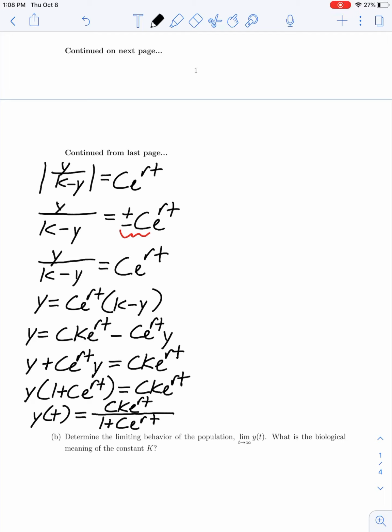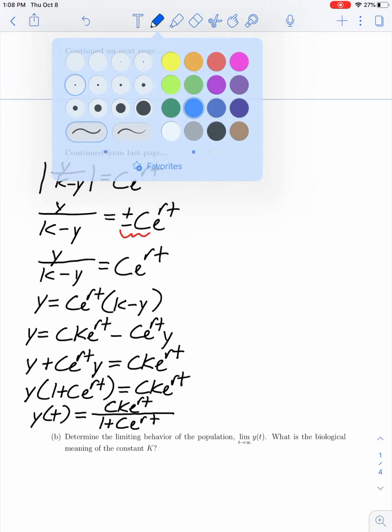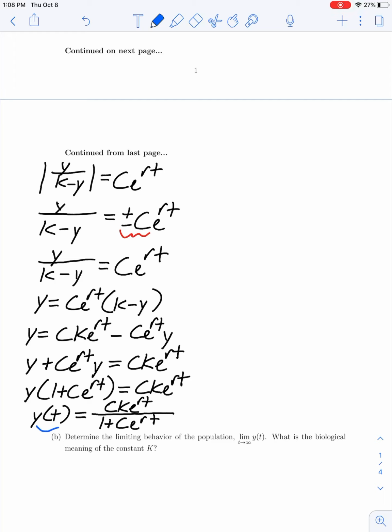Now, to save myself a little bit of work, rather than substitute t equals 0 into this equation, and then setting this equal to y naught and trying to solve for c, if I'm a little bit clever, I can make use of one of the earlier lines of my work.